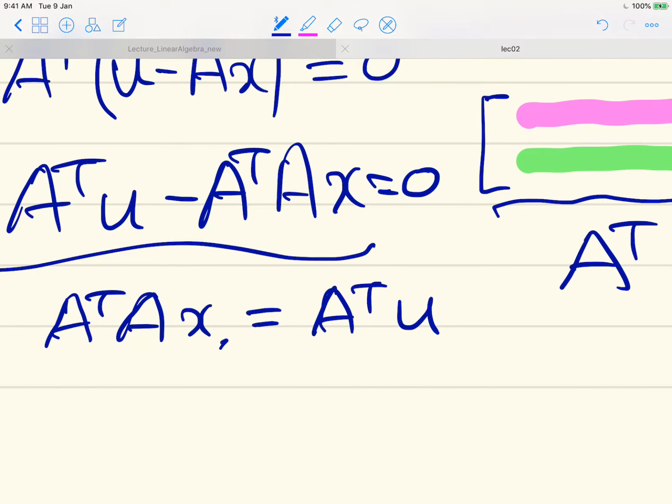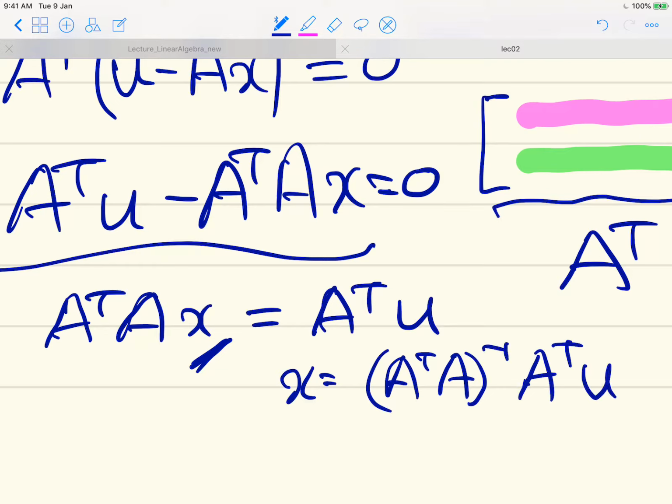Okay, so we have to compute x. So x is (A transpose A) inverse A transpose u, right? I mean, assuming that A transpose A is invertible. But what if A transpose A is not invertible?